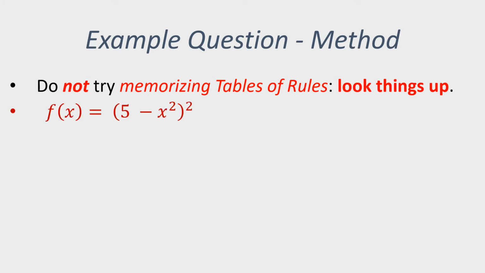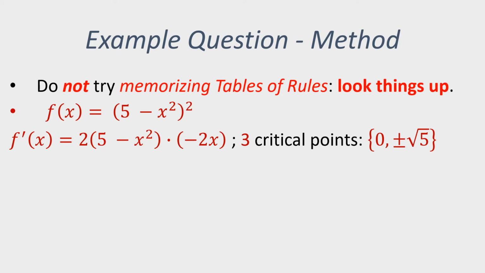So we take this first example. The first derivative of 5 minus x squared, all squared. Well, we have 2. We multiply this by the term in brackets, so we get 2 times 5 minus x squared, times, then we have to differentiate this term. That gives minus 2 times x.